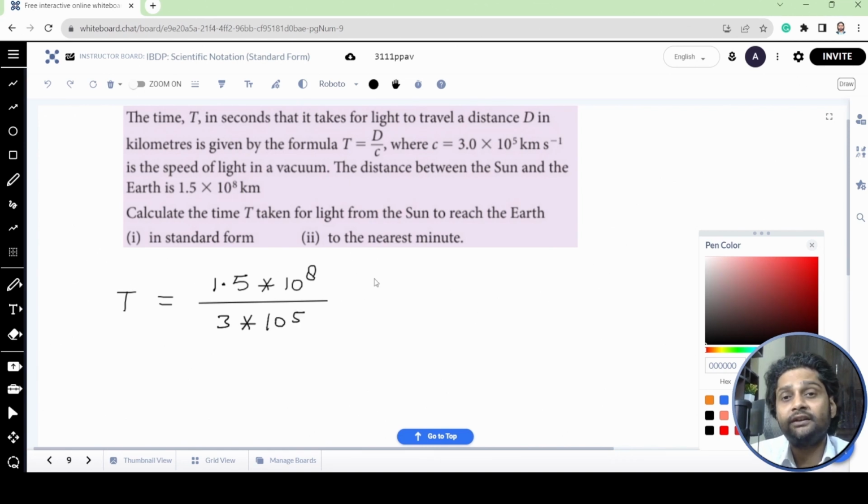Make sure if the unit of the distance and speed are same or not. Distance is in kilometer and even speed is also in kilometer per second, so there is no problem. If it was in meter or something else, you would have converted them into similar units, but right now that's not the case.